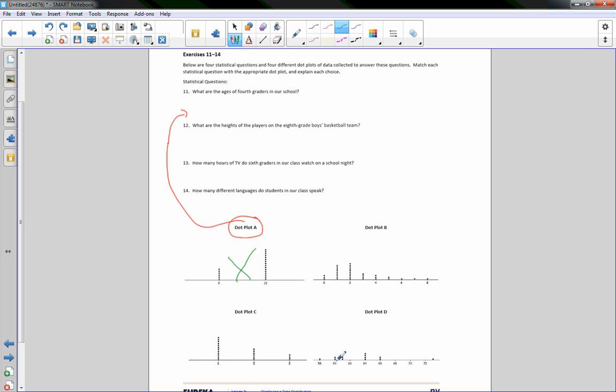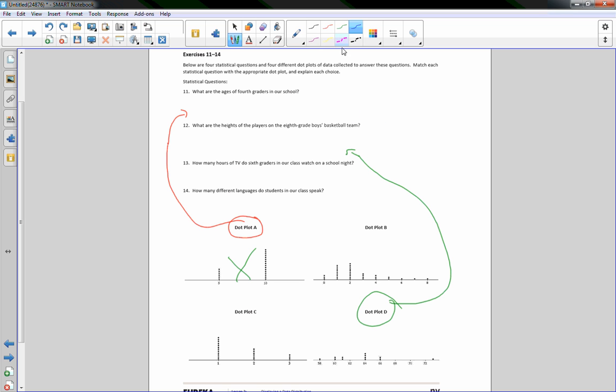But these must be in inches. 58 inches, 60 inches is 5 feet, 74 inches way out here is over 6 feet tall. 72 is 6 feet, and basketball players are usually tall. Okay, so I would say dot plot D was the answer to question 12.